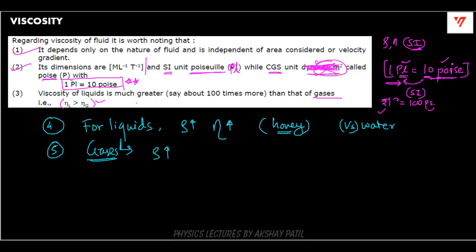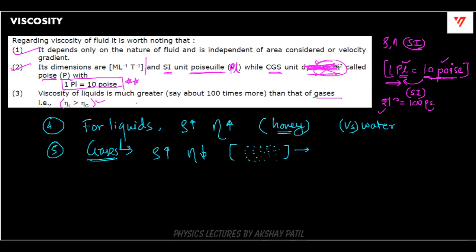If the density increases, the coefficient of viscosity decreases. Why? Because in gases, if you increase the density, you are adding more molecules in the same space, isn't it? So the collisions will increase, and to dissipate that energy, it will flow.